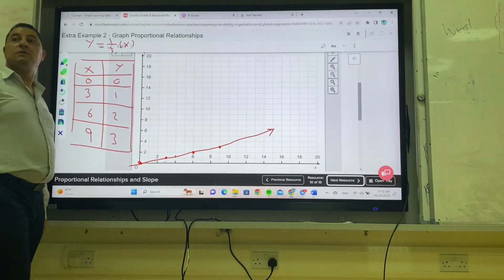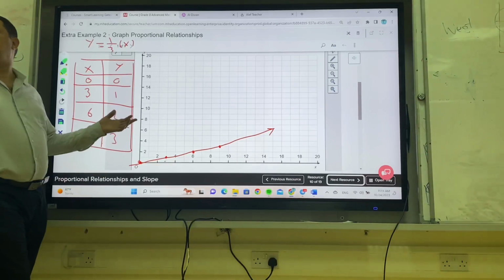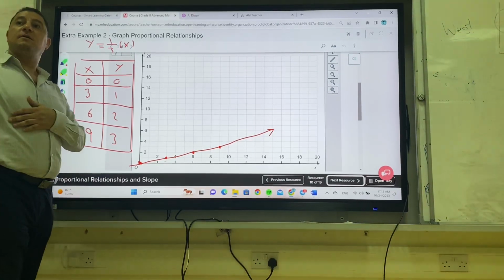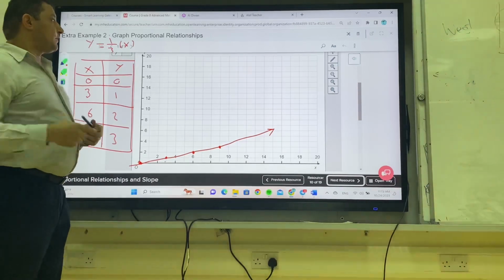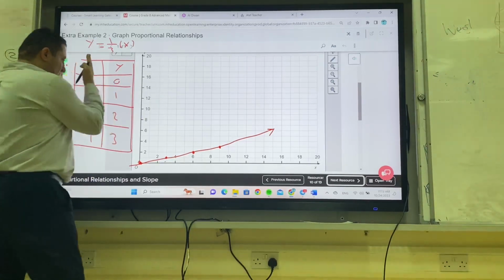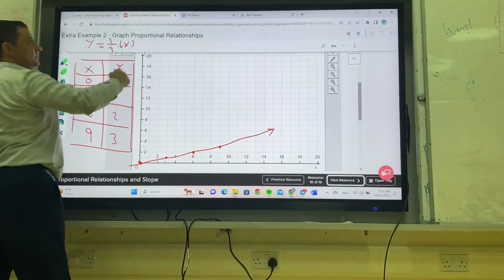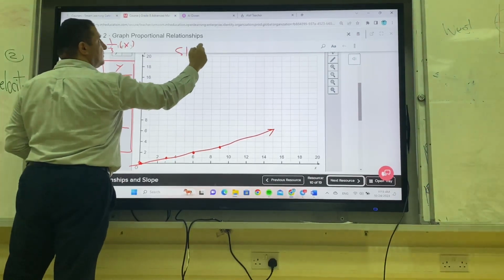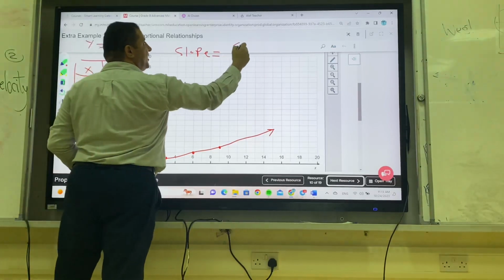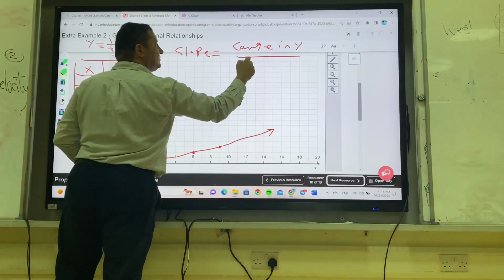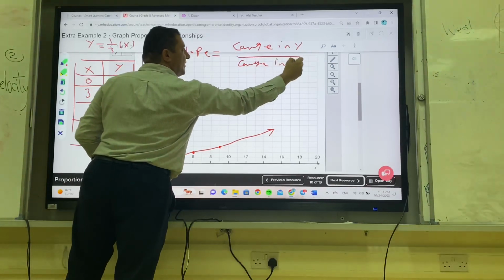So what's the slope? It says interpret the slope. How can I find the slope? Rise over run: change in y over change in x. So the slope here is the change in y's over the change in x's.